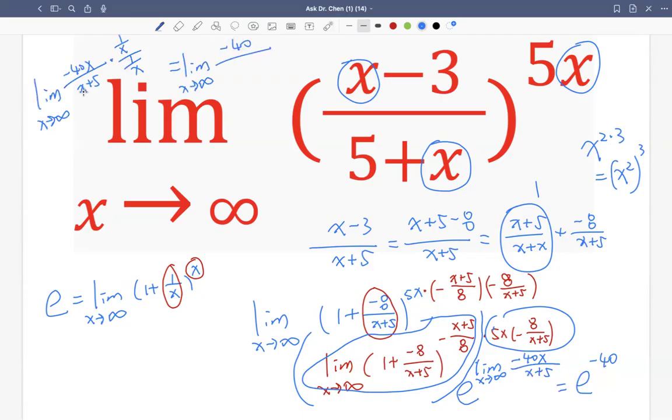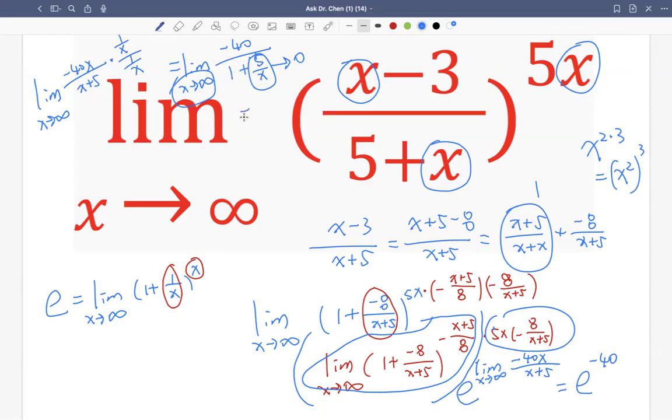In the denominator, x times 1 over x is 1, plus 5 times 1 over x, that's 5 over x. Now, when x approaches infinity, 5 over x approaches 0. Just imagine x is a huge number. You have 5 apples shared by the whole wide world of people. How many apples does each one get? Almost nothing. So this turns to 0 when x approaches infinity.